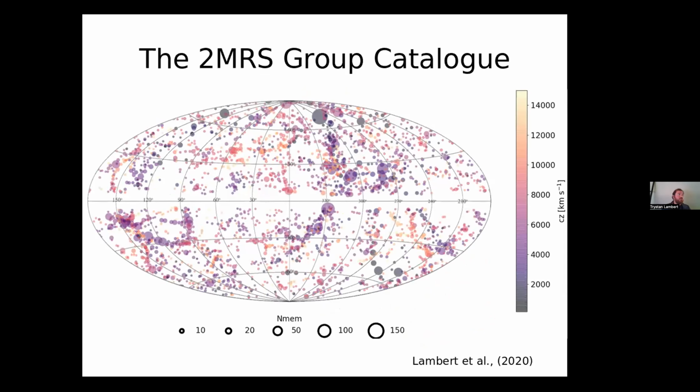And using this improved friends of friends algorithm, this is the final group catalog that we published in early 2020. And it is available for people to use for whatever they might want to use it for. For example, it could be used to estimate the local density field or build flow field models.